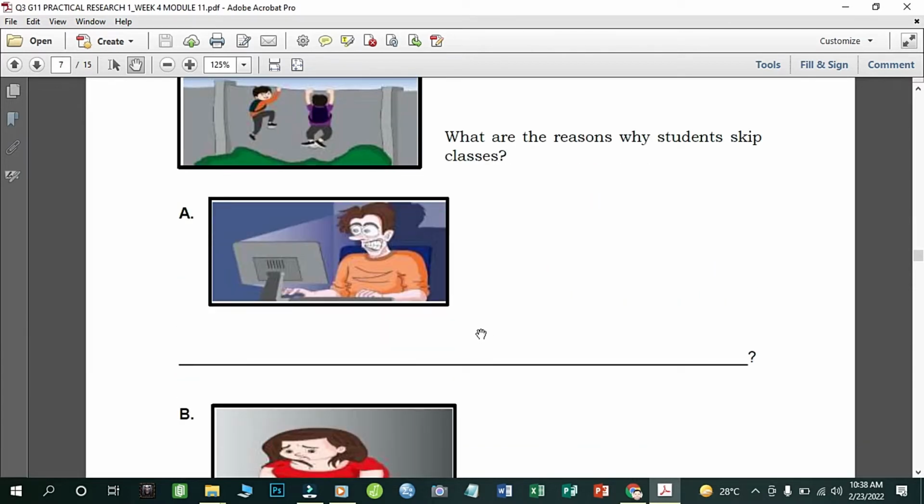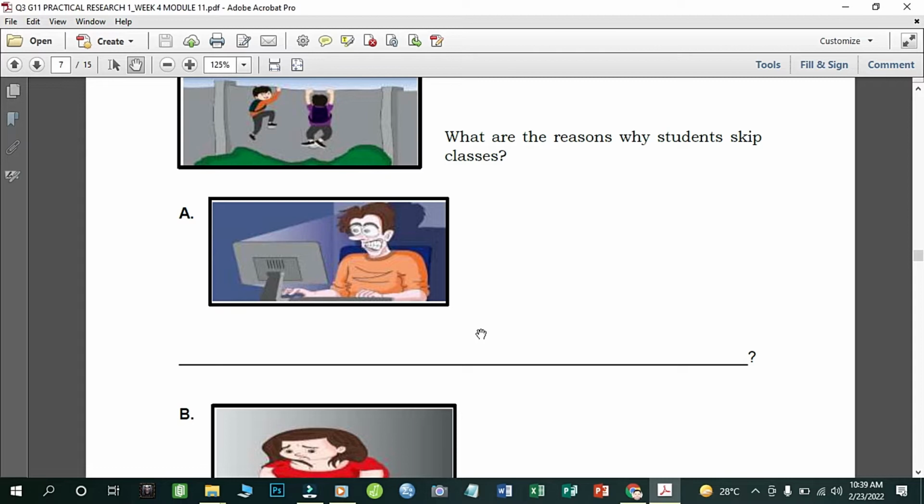Let's have letter A. I have here a picture of a person doing, I think he's playing a video game. So what do you think? Can you give me a sample of research questions for this picture? Okay, so possible answers.